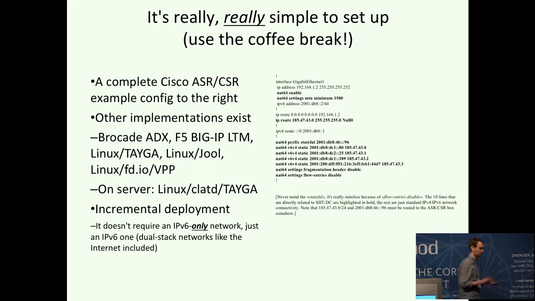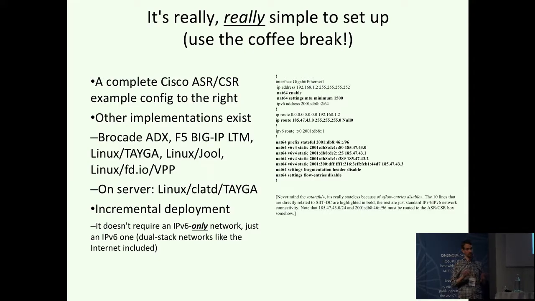You don't have to commit to turning off v4 or native dual stack or whatever you have already. But you need v6 because essentially what this does is to make v4 a service, an application that gets delivered through the v6 network.